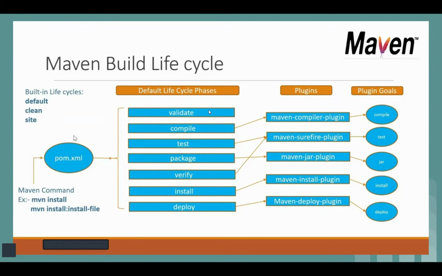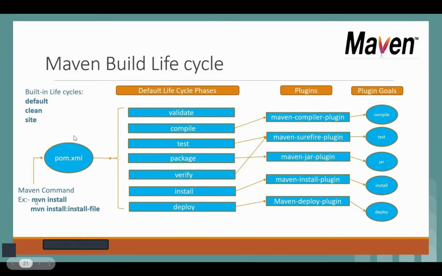Does it have any syntax error? It will then come to the compiler stage. It will compile the project, rebuild the project. Then it will start running your test cases. It will then work on the packaging part, creating a jar file. It will then verify. It will then install the jar file, and then at last it will deploy it. So these are the stages you have to keep in mind.